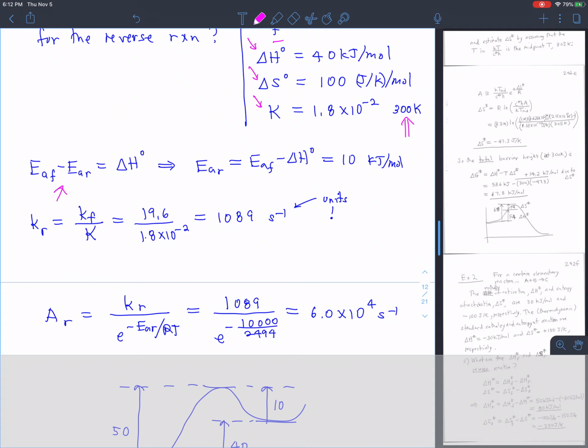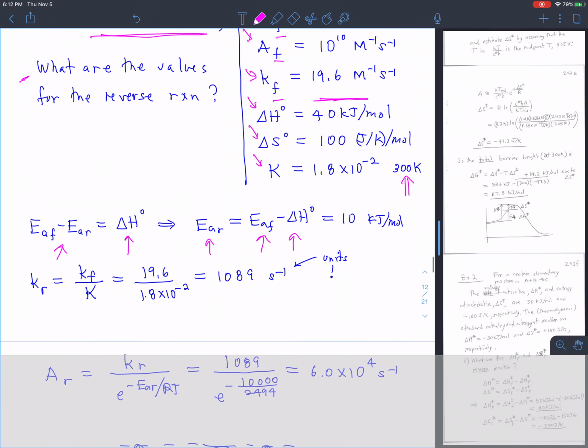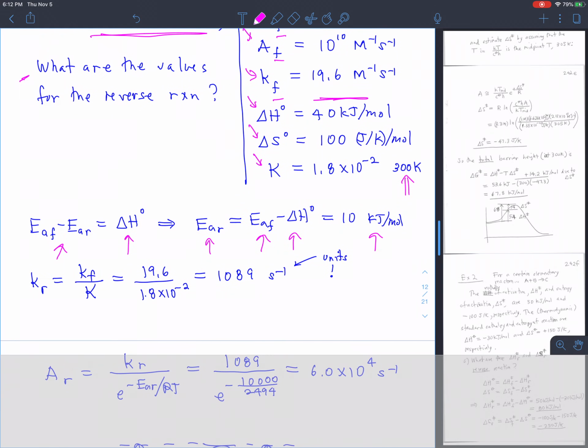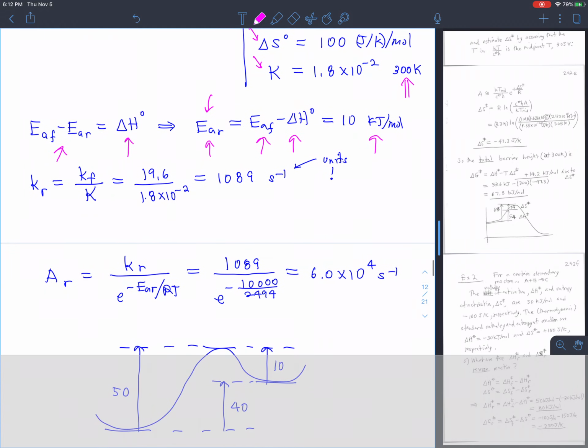EAF minus EAR is equal to the delta H of reaction, and therefore the reverse energy of activation is equal to the forward one minus the delta H of reaction. And in this case, I say 50 kilojoules per mole for the forward, 40 kilojoules per mole for the delta H, and so 10 kilojoules per mole for the reverse energy of activation.